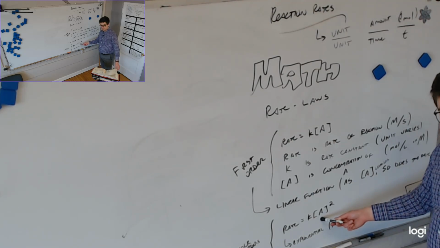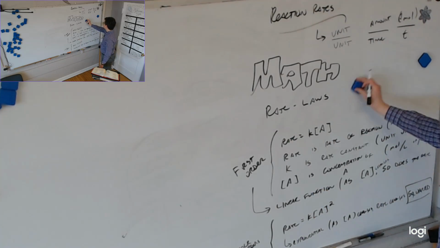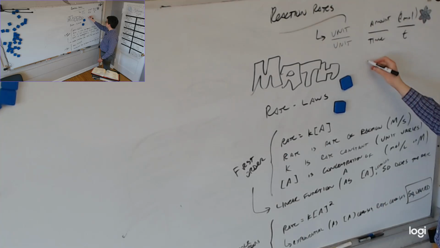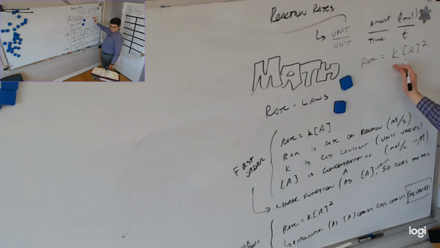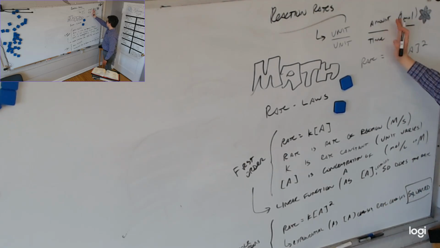Let's pretend, and we'll show the actual math. The rate equals K times the concentration of A squared. My initial one, I'm going to pretend I start out with a concentration of 2 molar, and we're going to pretend K is 1. K is never 1, or usually isn't. I've never seen it be 1 before. We're pretending K is 1 here, which means we can just forget about K pretty much.